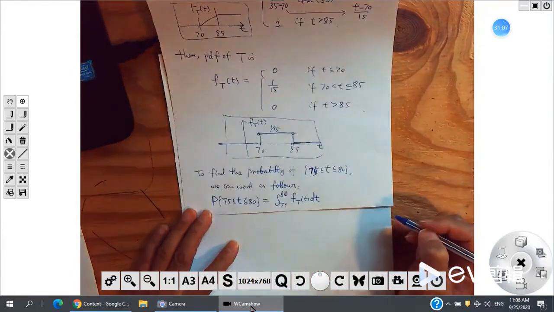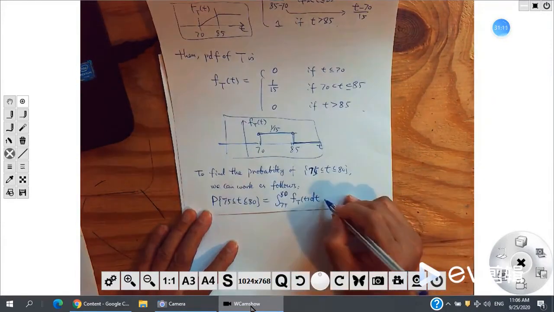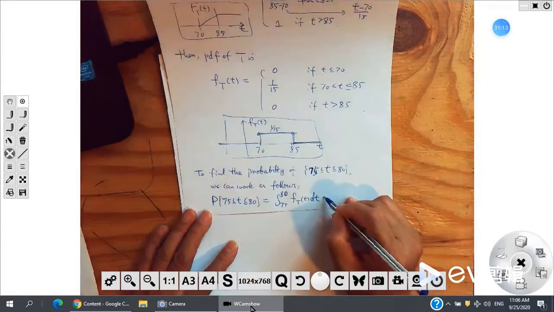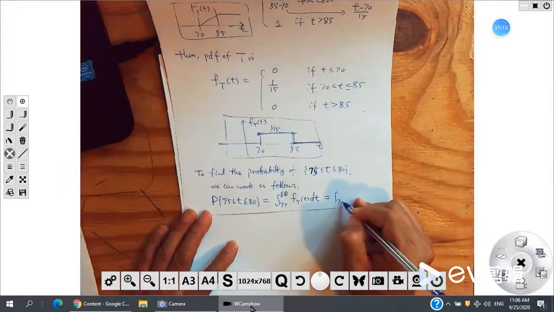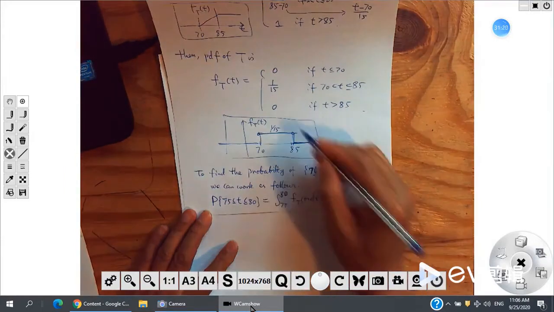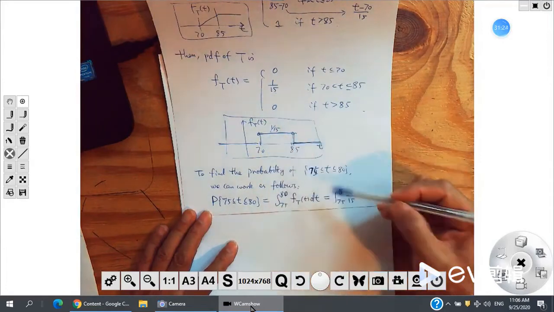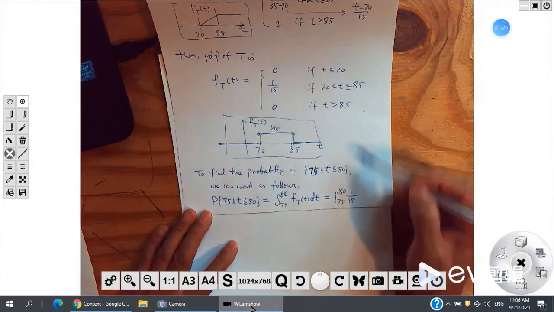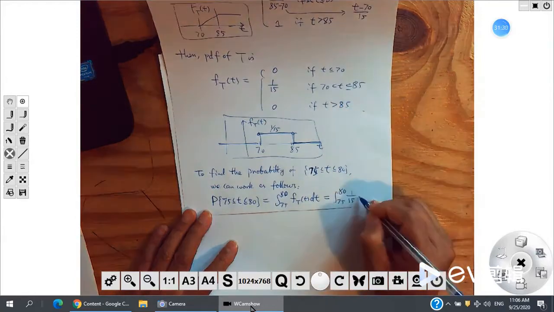We can work like this. We use the integral. Do you remember how to calculate this? Okay, we need to plug in firstly, right? From 75 to 80, the value is 1 over 15 when t is inside this interval, right? So dt.